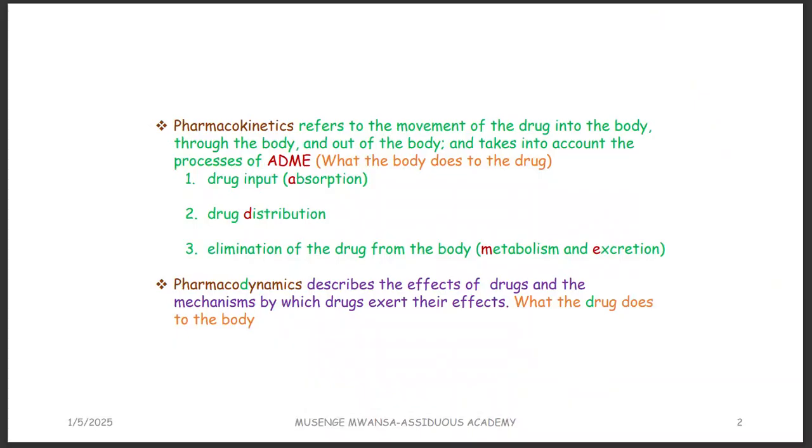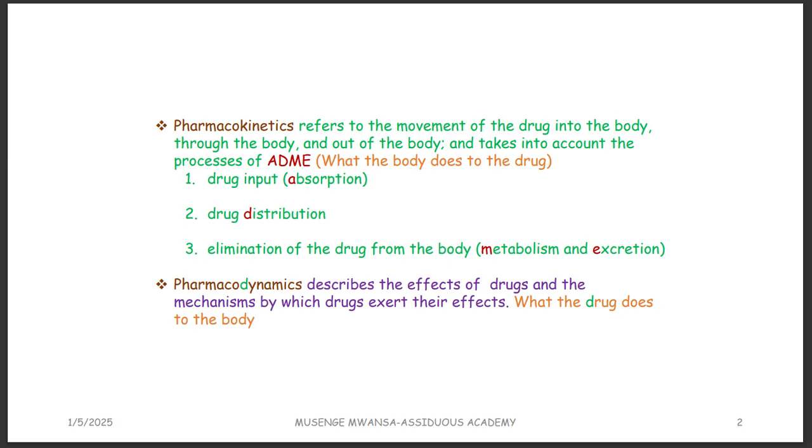You know the word kinetic means movement. So you are talking about how the drug is going to be able to move in the body, okay? And it will include these processes, ADME, to include absorption. When you take the drug in your mouth, the drug is in the GIT. That drug has to be taken from the GIT into blood, that is absorption.